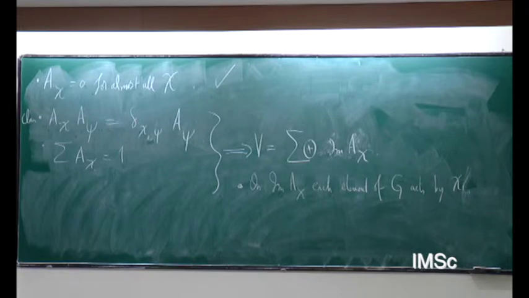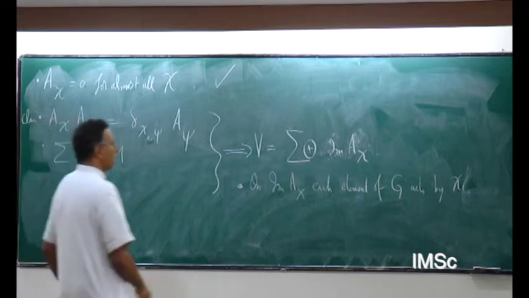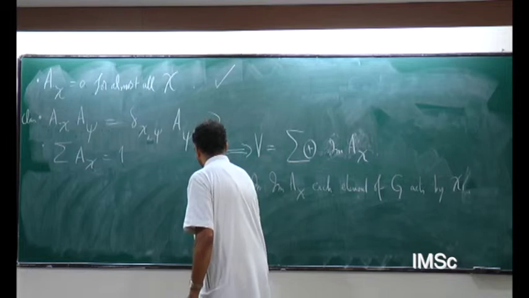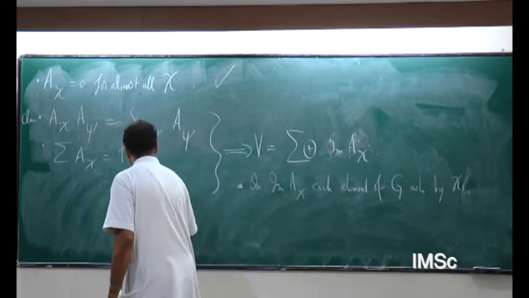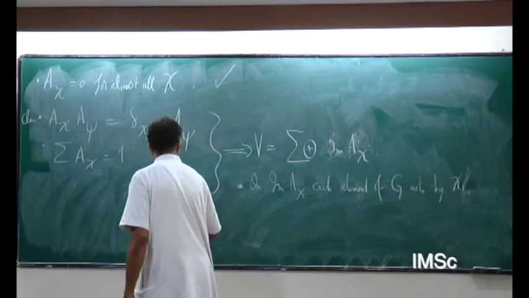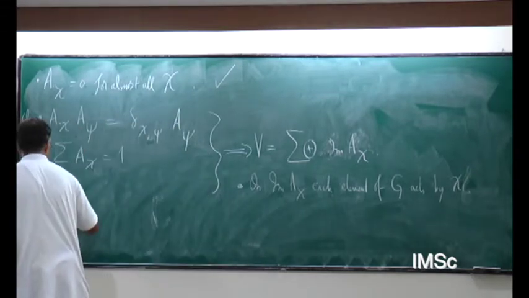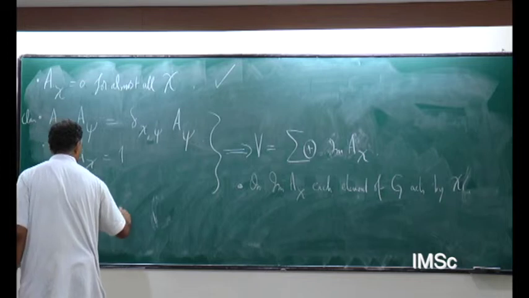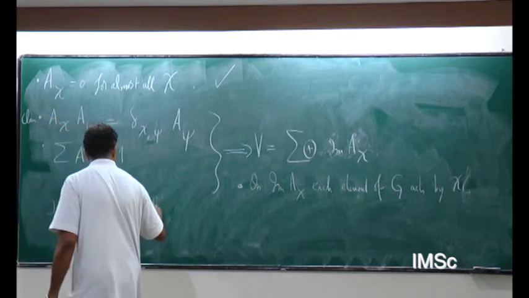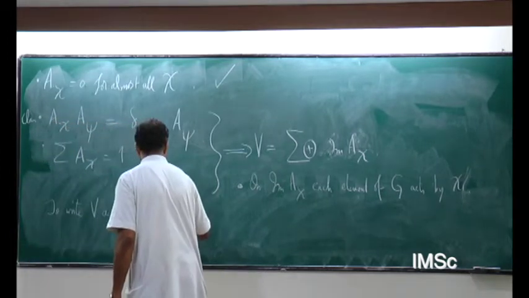And then you're done. So V is equal to, write V as a sum of one-dimensional representations.